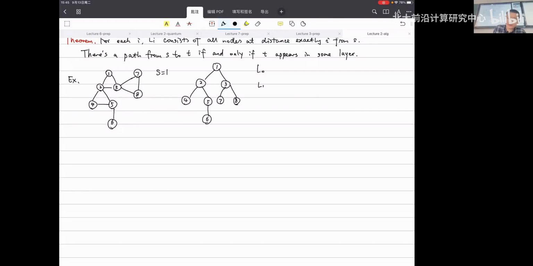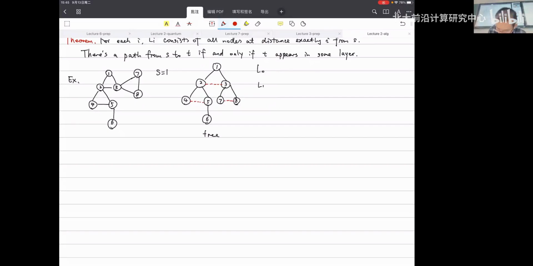In general, you'll see that this graph actually defines a tree here. This tree is simpler than the original graph, and let's use some red color here. You see, there exists an edge between 2 and 3, and also an edge between 4 and 5, and also an edge between 7 and 8.